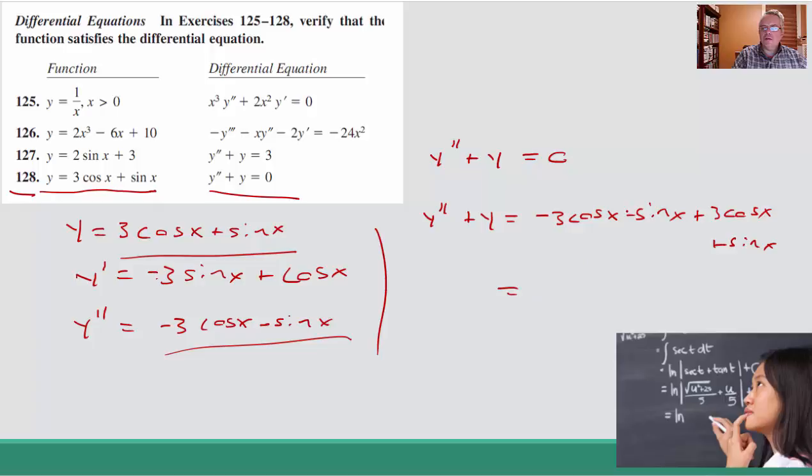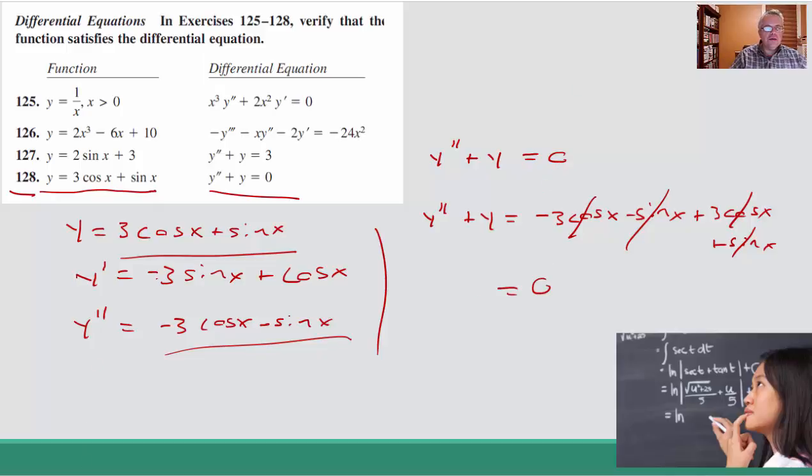Okay, let's see what that equals. Well, minus 3 cosine x cancels with that. Minus sine x cancels with plus sine x. It does equal 0. So when I substitute this equation into this differential equation, it works. Y double prime plus y does equal 0.